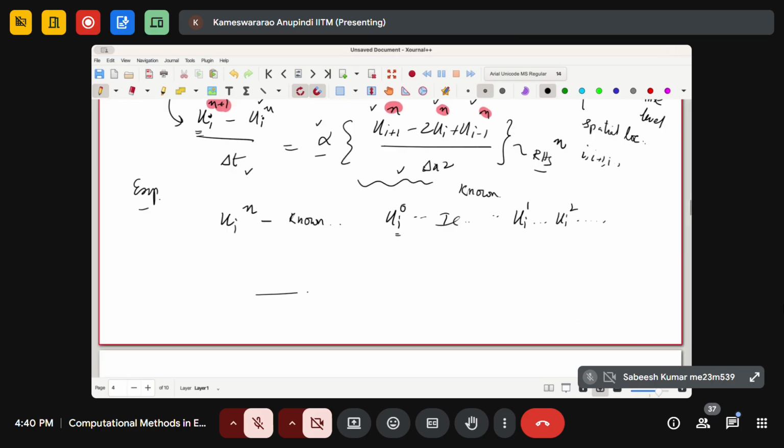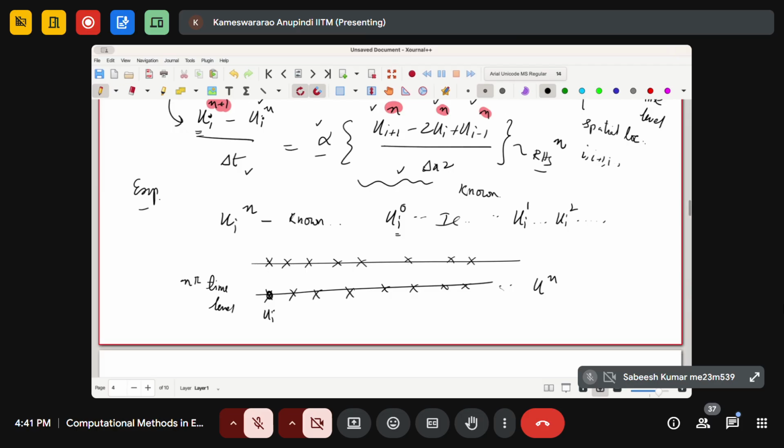That means if you have this 1D domain, you are going to make use of all these values. Let us say these are available at the nth time level. You are going to calculate what is u_i at n plus 1 at this point using the existing values. Let us say these are all u at the nth level. Then you want to calculate them at the n plus 1th level, right?